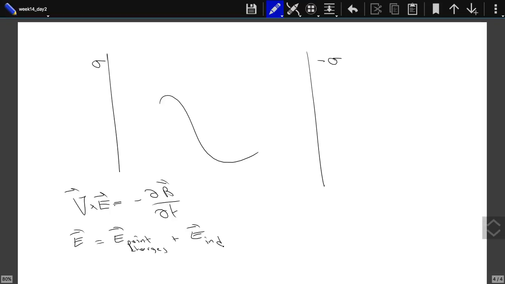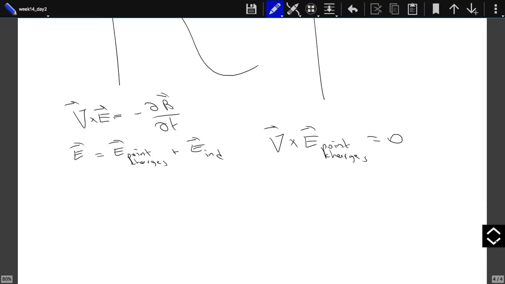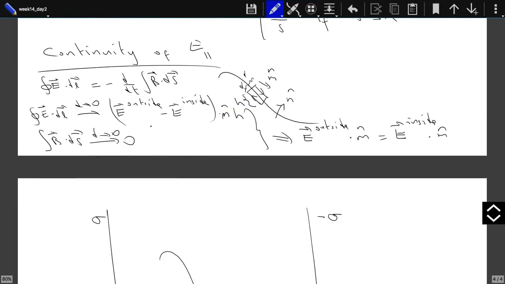But even if we assume that we can make this separation, the curl of the electric field of point charges is 0, and the curl of the induced electric field is equal to minus dB by dt. Now, don't miss this point over here.